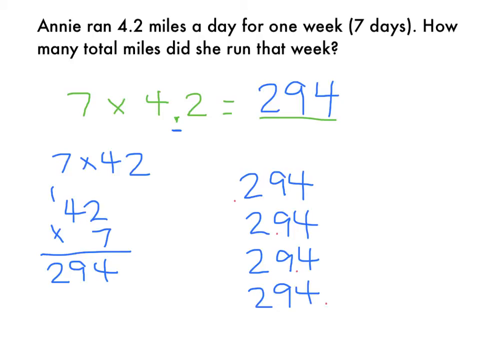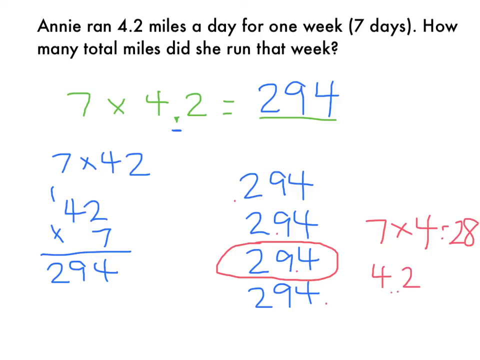Now when I think about these choices, the one that makes the most sense to me is 29 4/10, because 7 times 4 equals 28, and 4.2 is very close to 4. So I'm thinking that this is the best choice. So I'm going to make my answer 29 4/10 miles.